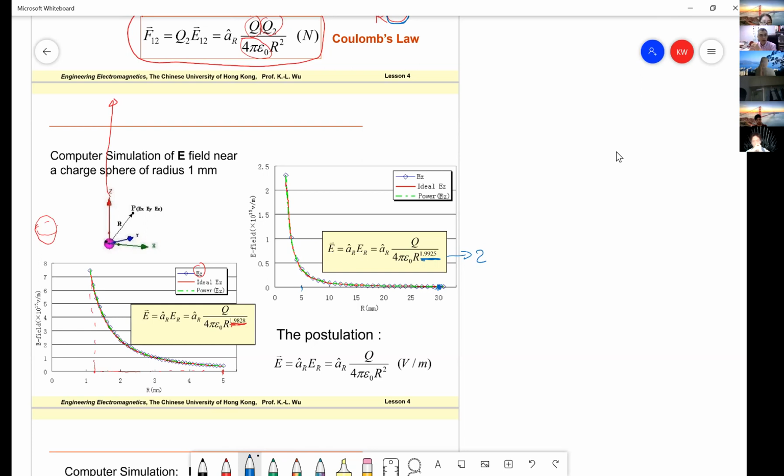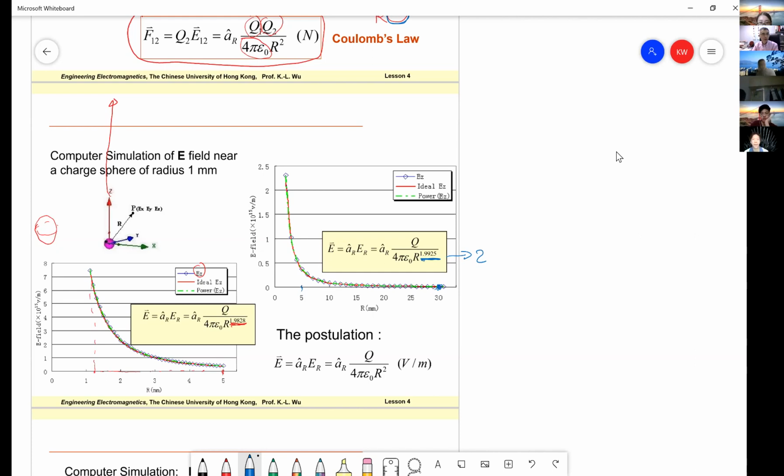That means the experiment can never come to such accuracy. Even if it gives you 100 decimal places, you still don't know if this is equal to 2 or not, not to mention that the experiment was done more than 100 years ago.